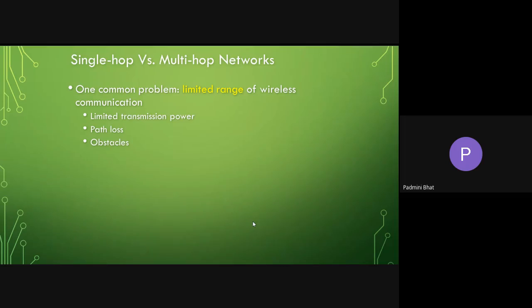If the distance is a bit high and I opt for single hop, I have to have a very powerful antenna to transmit the signal so that it reaches the destination, because in between I don't have any point to boost the signal. From the transmitter side only, I should make enough arrangement to send the signal with high power.